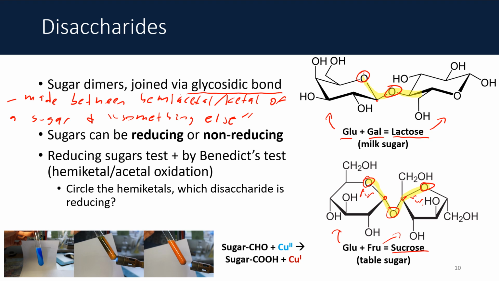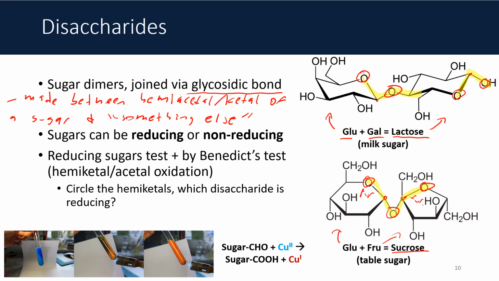And that's because it has one additional hemiacetal over here, OCO. There is no free OCO, hemiacetal or hemiketal group in the sucrose molecule.